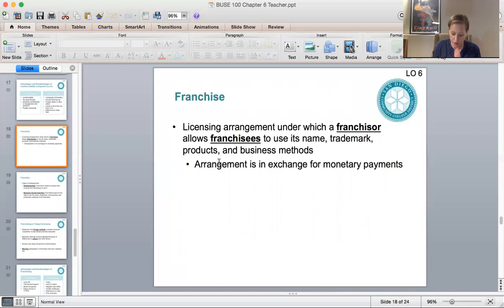In a distributorship, the franchisor, the person giving the franchise, allows the franchisee, the person who's buying the franchise, to use it to make its product, and then grants the distributors a license to sell the product. In a business format franchise, the franchisor, the person making the franchise, grants the franchisee, the person buying it, the right to make and sell their goods or services.